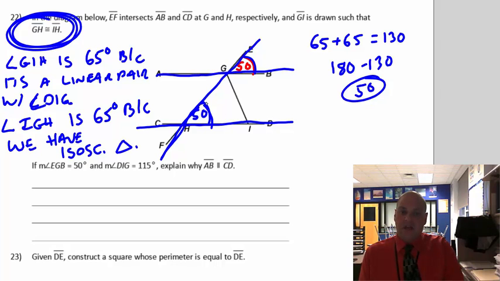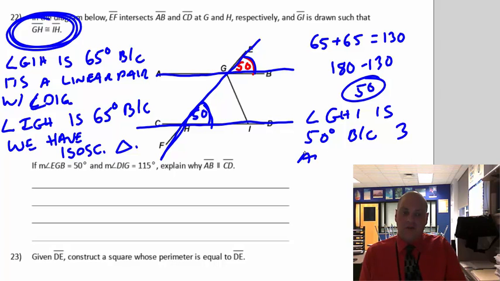And then I'm going to say angle GHI is 50 because the three angles of the triangle add up to 180. And then obviously I have parallel lines.